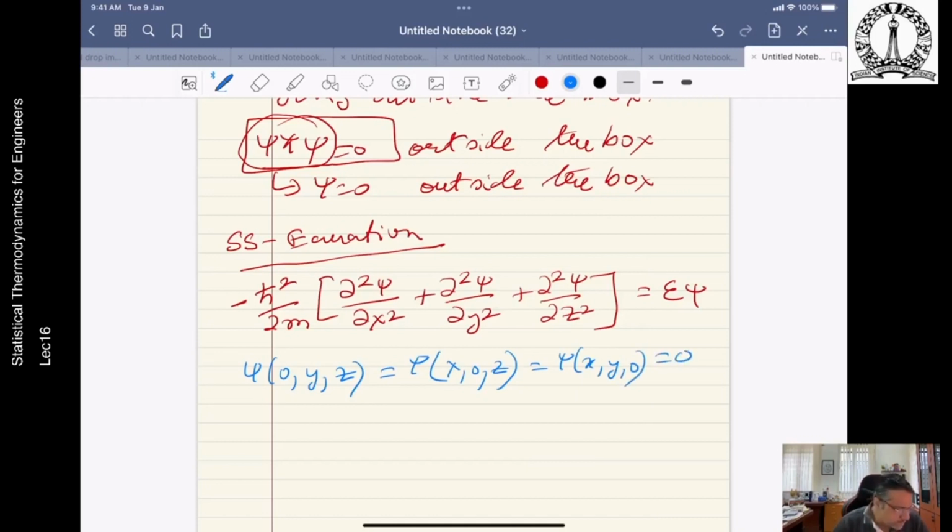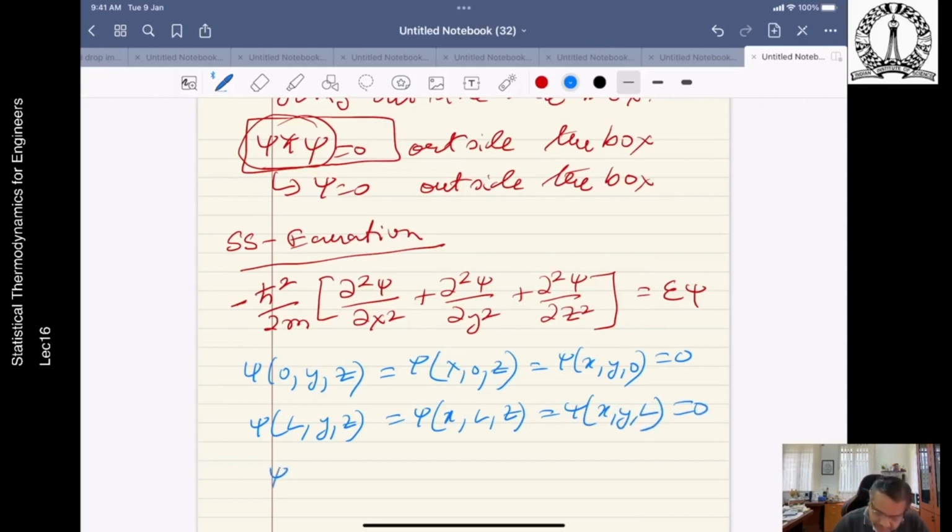And after a length L, that is also equal to 0.